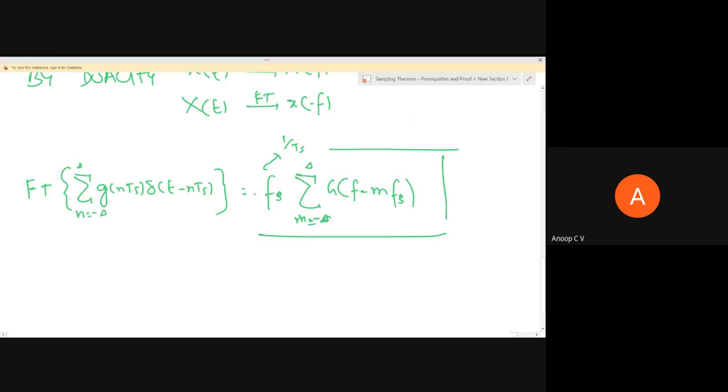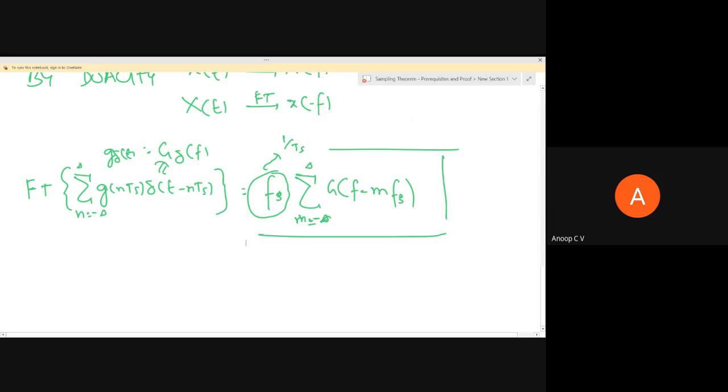That will be the spectrum of our g delta of t, that is g delta of f, equal to fs times the summation of g of f minus mfs. It is weighted by the amount fs, a constant, that is the sampling rate.